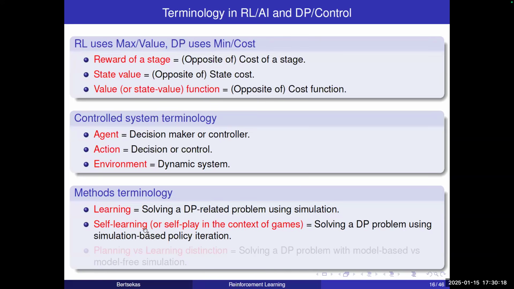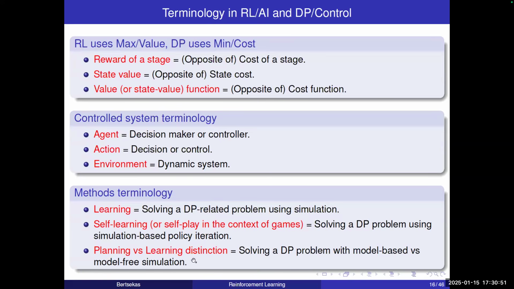The term self-learning is very popular, and it's also quite descriptive, or self-play in the context of games, like AlphaZero, which learned by playing against itself. Self-learning in decision and control translates to solving a dynamic programming problem using simulation-based policy iteration. And policy iteration is similar to this self-play idea.